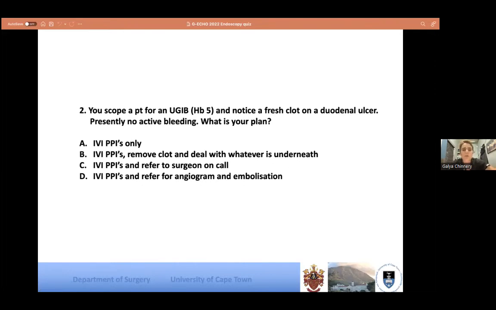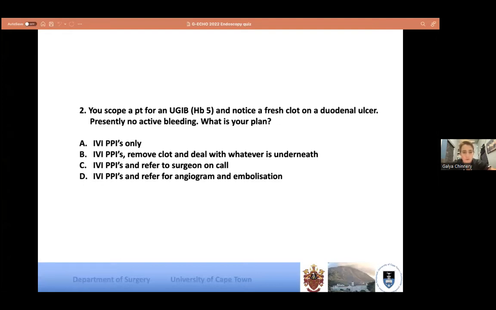You're busy scoping a patient who's come to you for an urgent scope, HB of 5, a witnessed upper GI bleed. And as you go down, you notice a fresh clot on what you suspect to be a duodenal ulcer. There's no active bleeding at the moment. Your patient is stable. What is your plan? I've given you 4 options there.